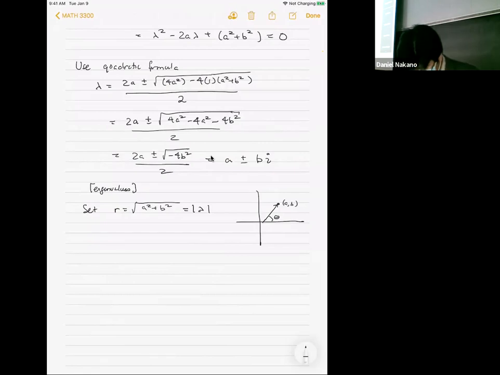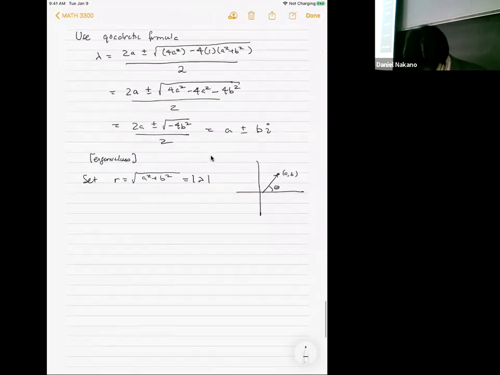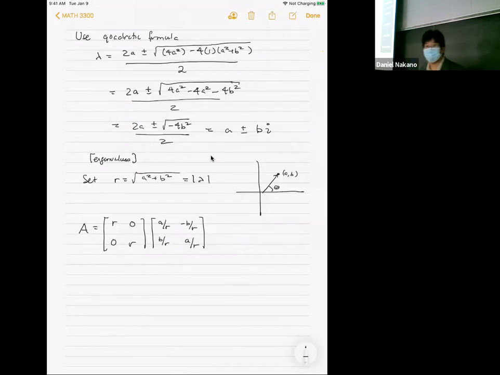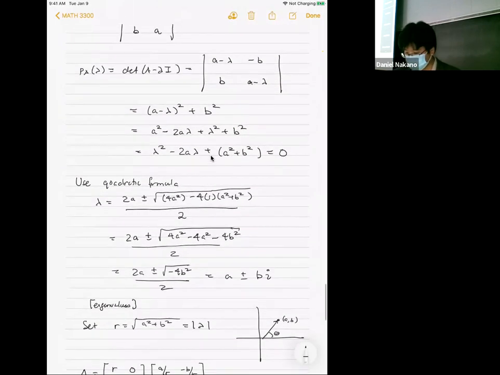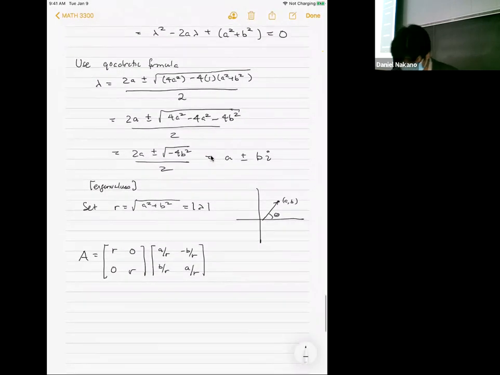And so now you can write your A as follows. I can write my A as a diagonal matrix with r on the diagonal, times the following: A over r, minus B over r, B over r, A over r. When you multiply everything out, you get the original matrix back again. But what is A over r?